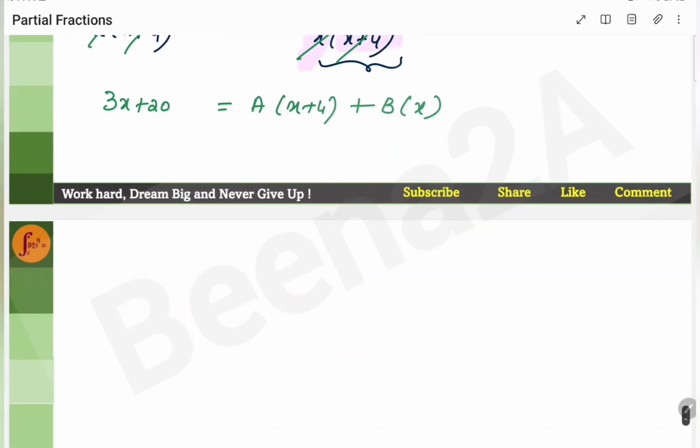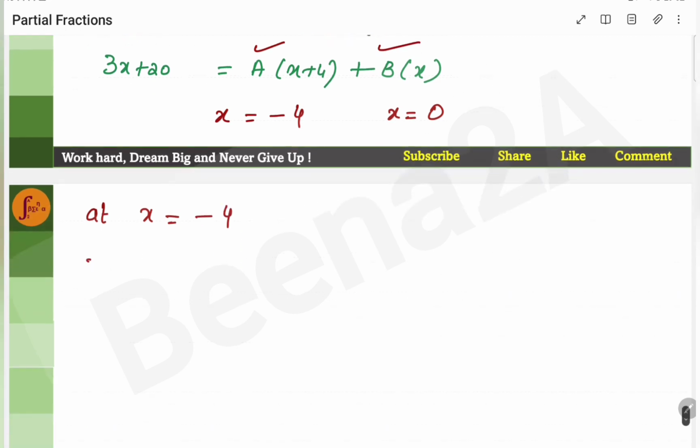Now I have to find the values of a and b. For that I have to get the values of x. Here it is plus 4, so put minus 4. Here there is nothing, so put x is equal to 0, right? So now I'll substitute x is equal to minus 4. So I'll get 3 into minus 4 plus 20. I'm substituting here.